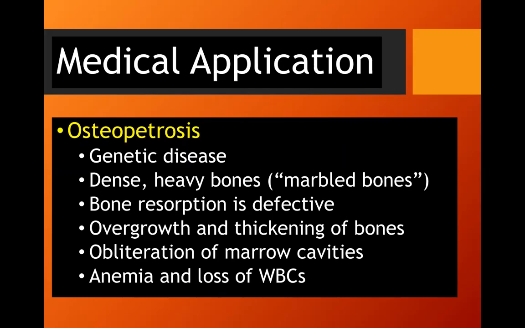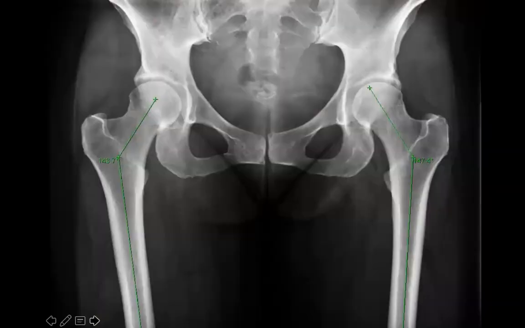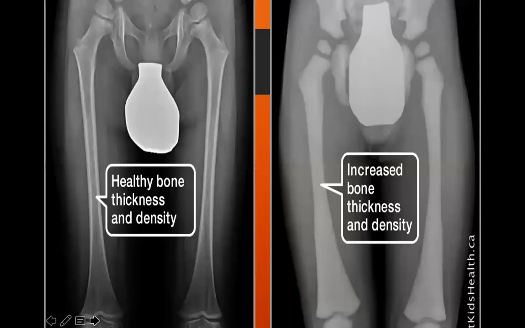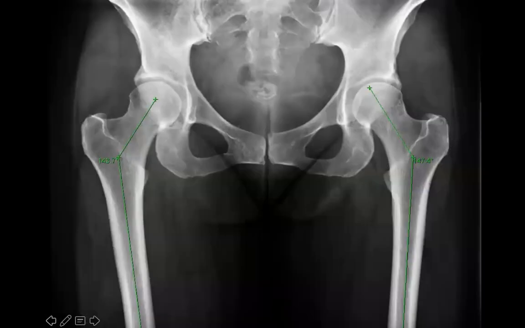And if there is anemia, signs and symptoms such as easy fatigability and pallor are the common characteristics of being anemic. This is an example of an X-ray showing osteopetrosis. But in this picture, this is the normal X-ray of the pelvis and of the femur.